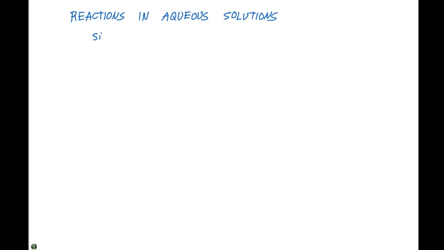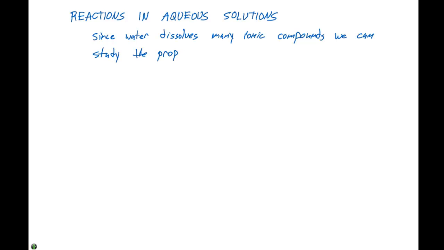So since water dissolves many ionic compounds, we can study the properties of ions in solution.